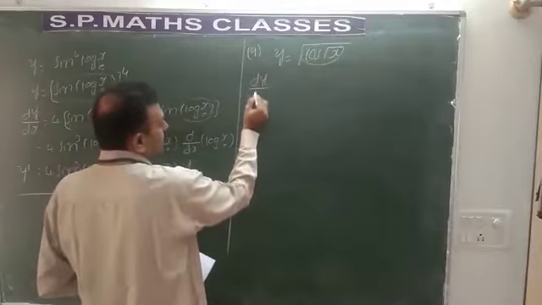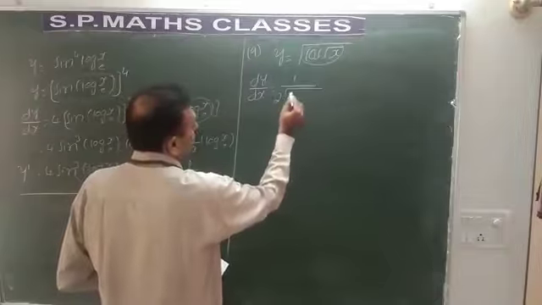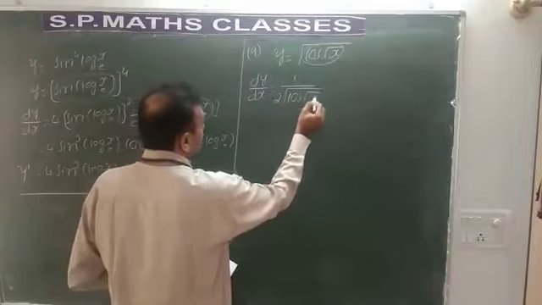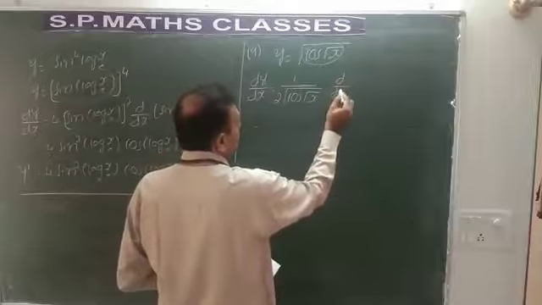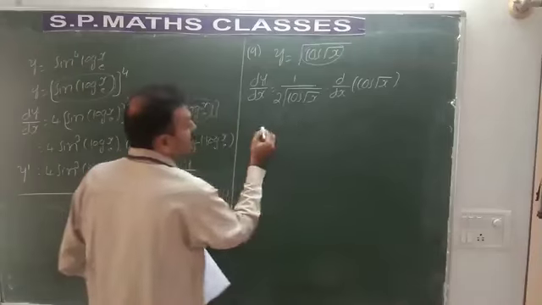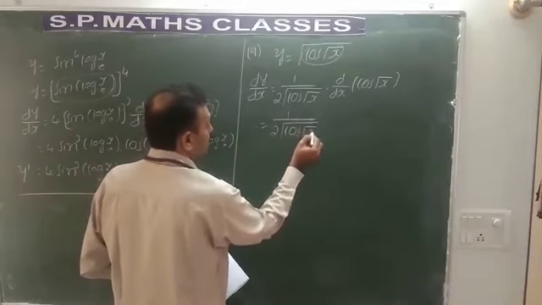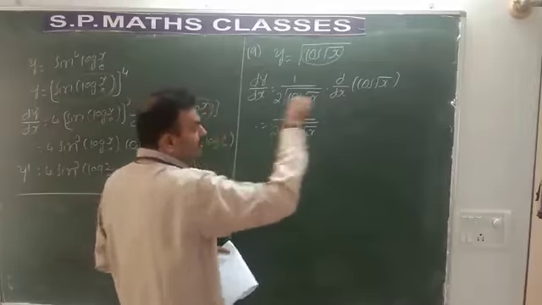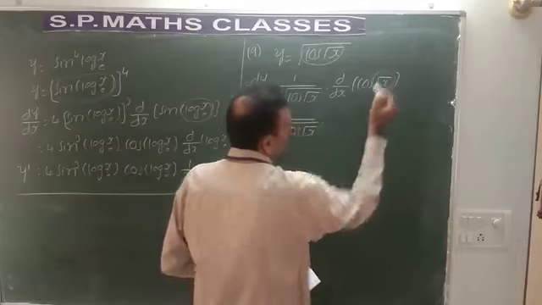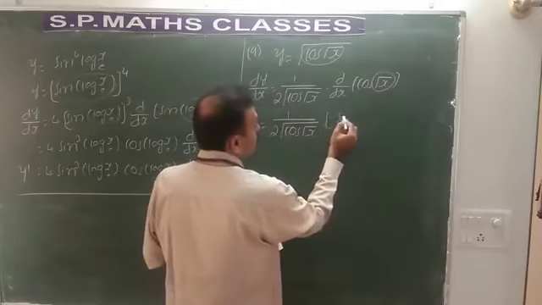What is dy by dx now? Derivative of root x, 1 by 2 root x, into derivative of cos root x. 1 by 2 root cos root x into what is the derivative of cos root x? Root x to be taken as x. What is the derivative of cos x?